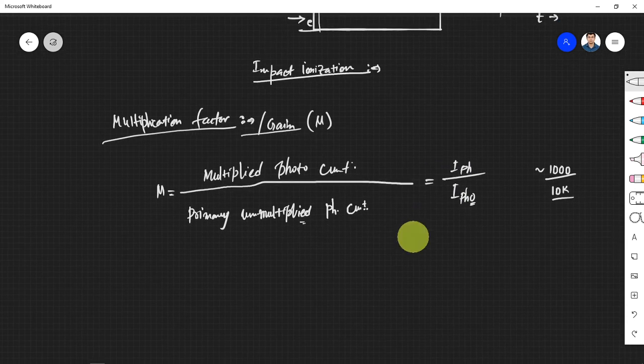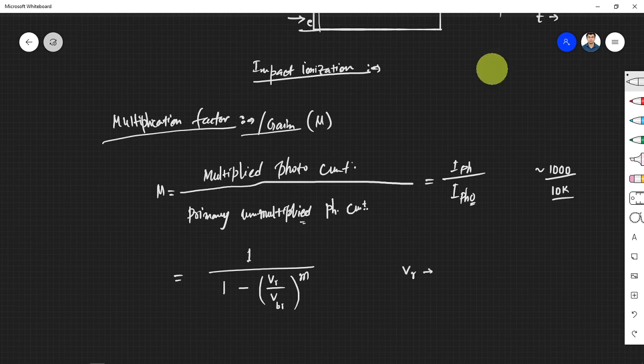And mathematically, they empirically found that it goes as M equals 1 over (1 minus VR by VBR) to the power m. So let me define what VR is. VR is the reverse bias voltage that we are applying.